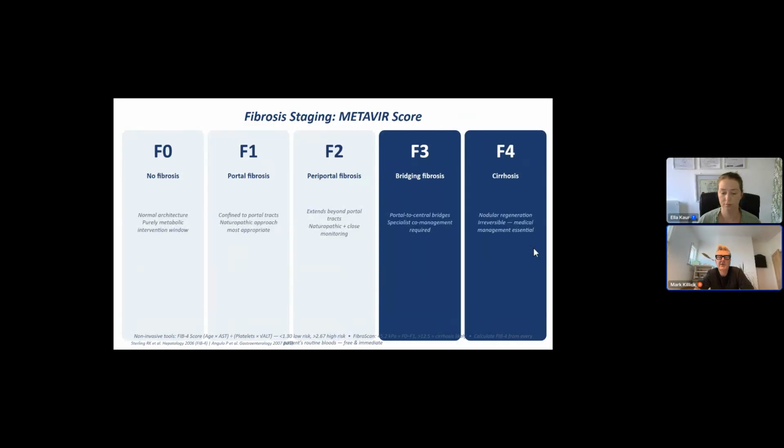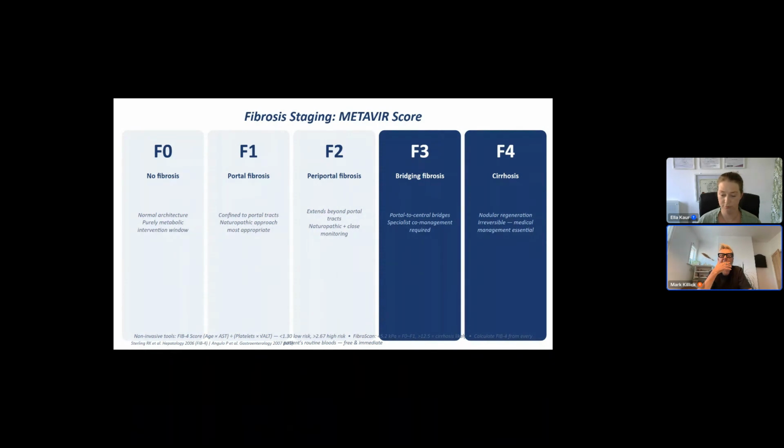So this is where we look at the fibrosis staging. This is known as the Metavir score. Once we suspect or confirm MASLD, we want to see how advanced it is. The score runs from F0 up to F4, where F4 is cirrhosis.